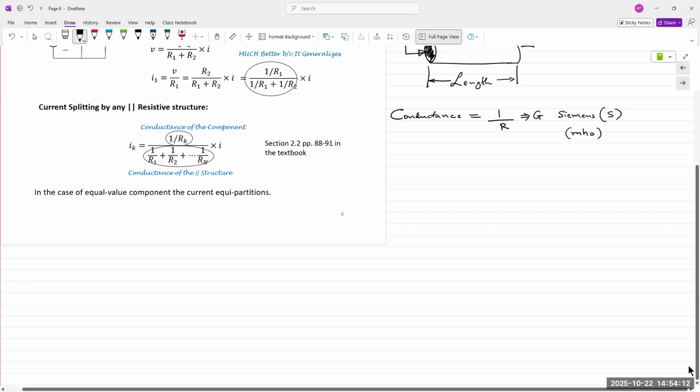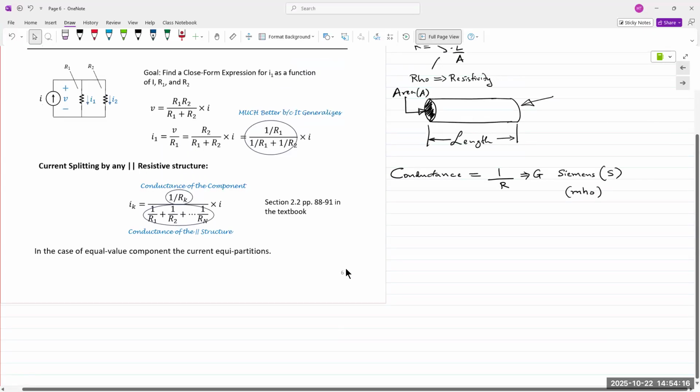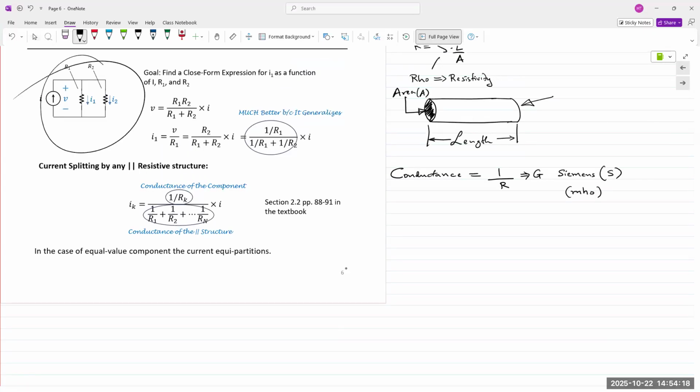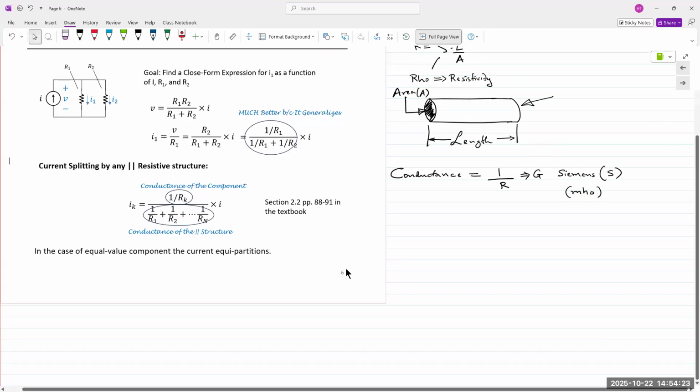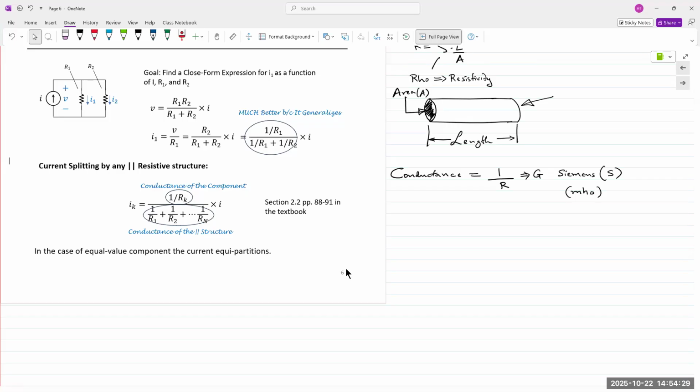Coming back to our point, why are we talking about conductance? Well, in parallel circuits, if you're trying to work with currents and current division, we need to find REQ. REQ of parallel networks is the reciprocal of the sum of the reciprocals, right? 1 over R1 plus 1 over R2.